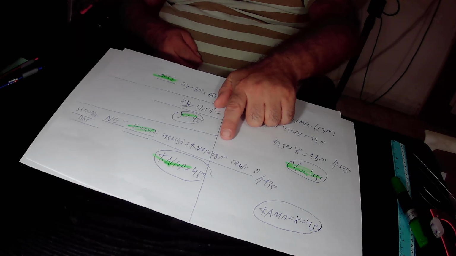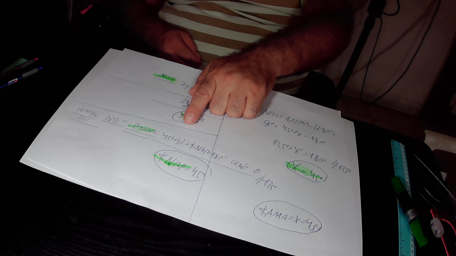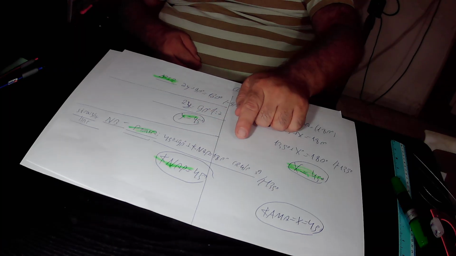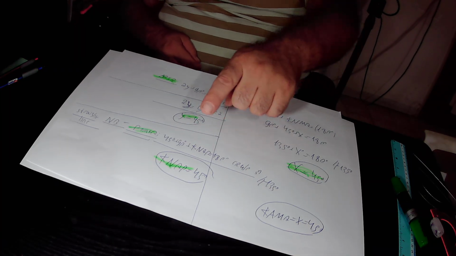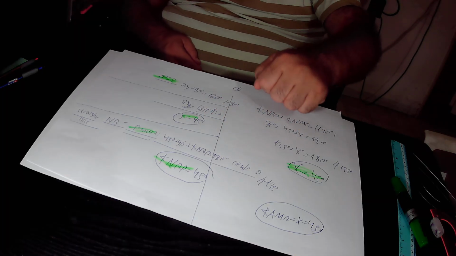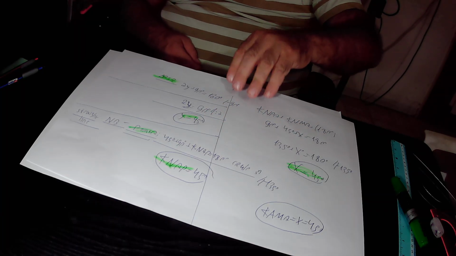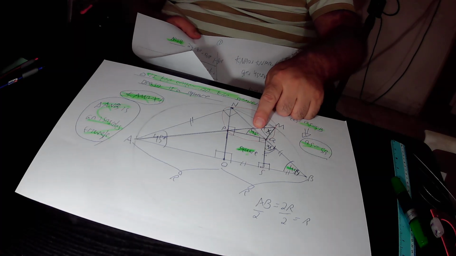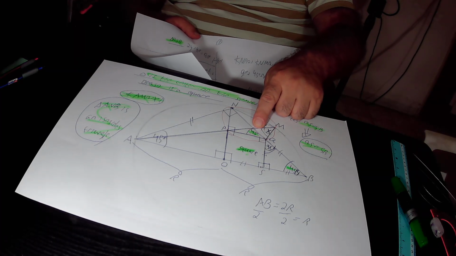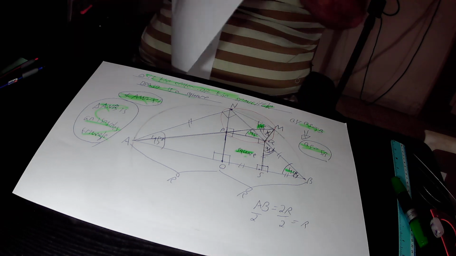Here we subtract: 45 degrees plus 90 degrees is 135 degrees. So we subtract 135 degrees from the equation and finally find that the missing angle NQP equals 180 degrees minus 135 degrees, which is 45 degrees. Actually, this is the missing angle NQP. It equals 45 degrees in its size.